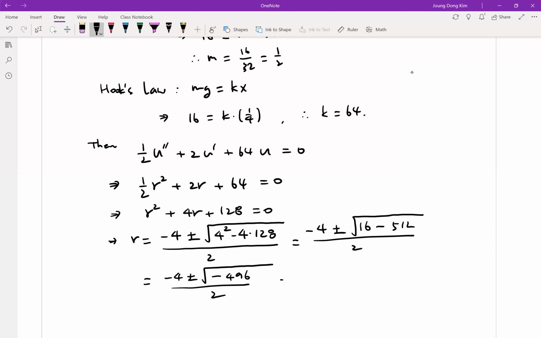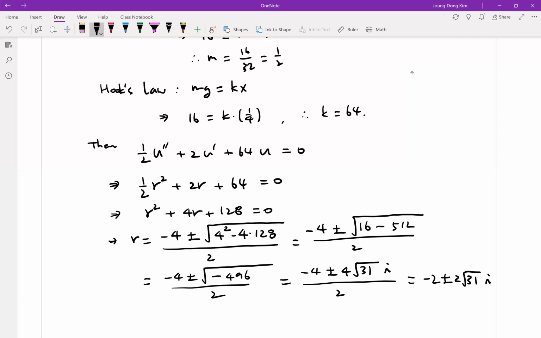Then we can take some common factor out. Square root of 31 i, because that is a negative value, right? So that is -2 plus and minus 2 square root of 31 i, okay? Which is complex form.